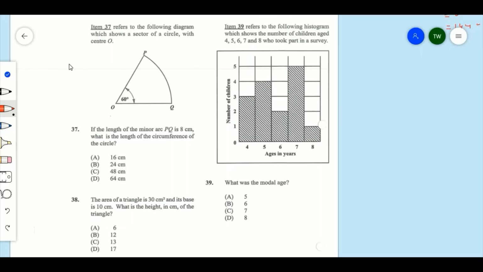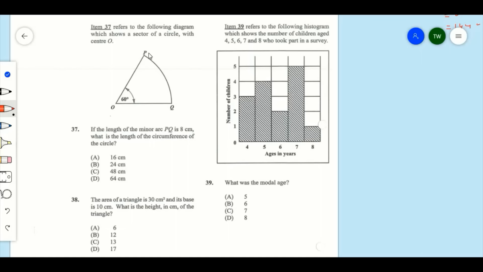Item 37 refers to the following diagram, which shows a sector of a circle with center O. And here you can see the sector, and at the center O we have 60 degrees. If the length of the minor arc PQ is 8 centimeters, what is the length of the circumference of the circle?